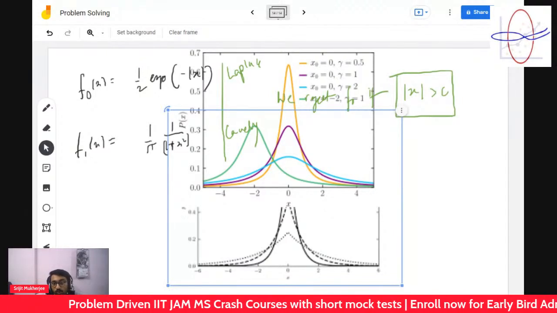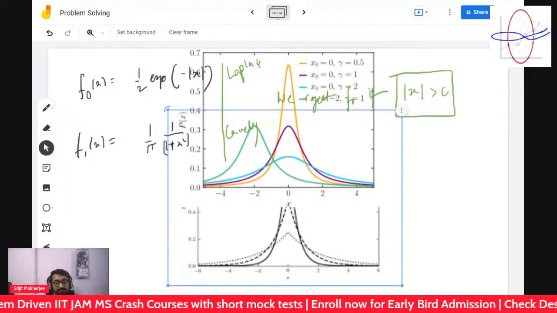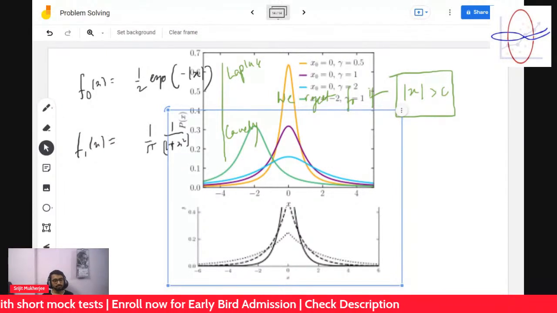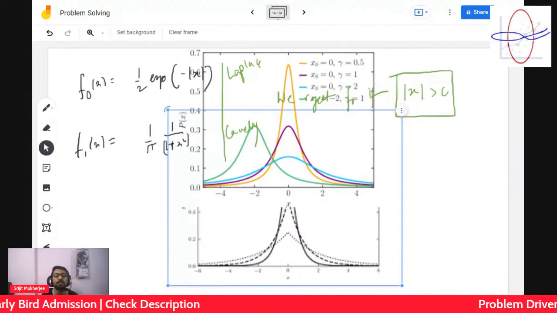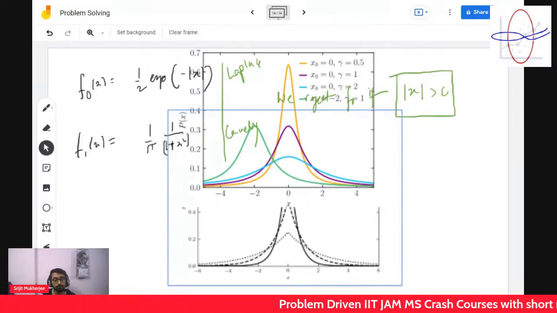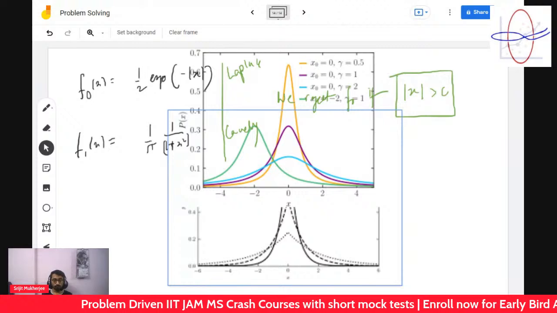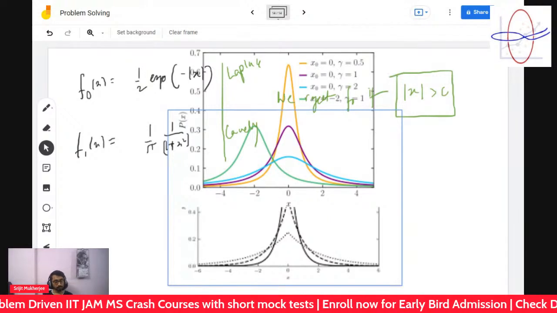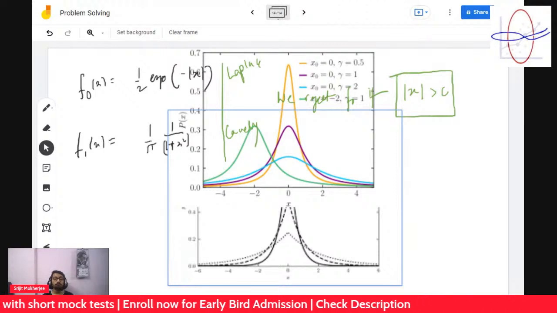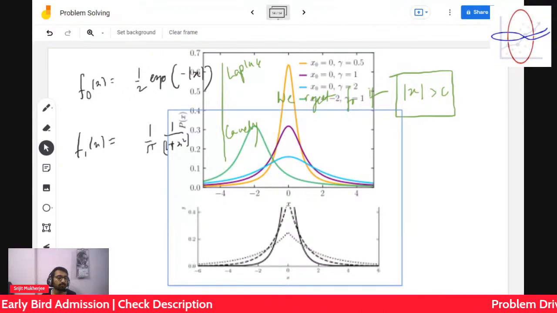Very easy, bolo. What is something very interesting about Cauchy? When do we give Cauchy as an example? Like there's no expectation. It doesn't exist. That's the significance mainly. It doesn't help you. Okay, what if I take the expectation of mod x for Cauchy?